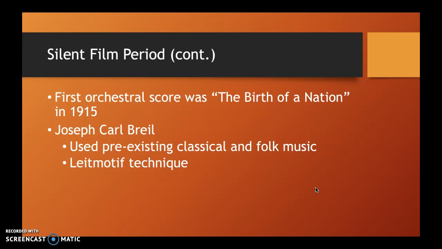You probably remember this was one of our first assignments at the beginning of the semester, where we had to sit down and watch The Birth of a Nation, or at least some of us chose it, and that is one thing that I chose because of the orchestral score and how groundbreaking it was, set aside from the obvious racial undertones and the racism of the film. The music was really interesting to listen to, how he used it, especially during the silent film period.